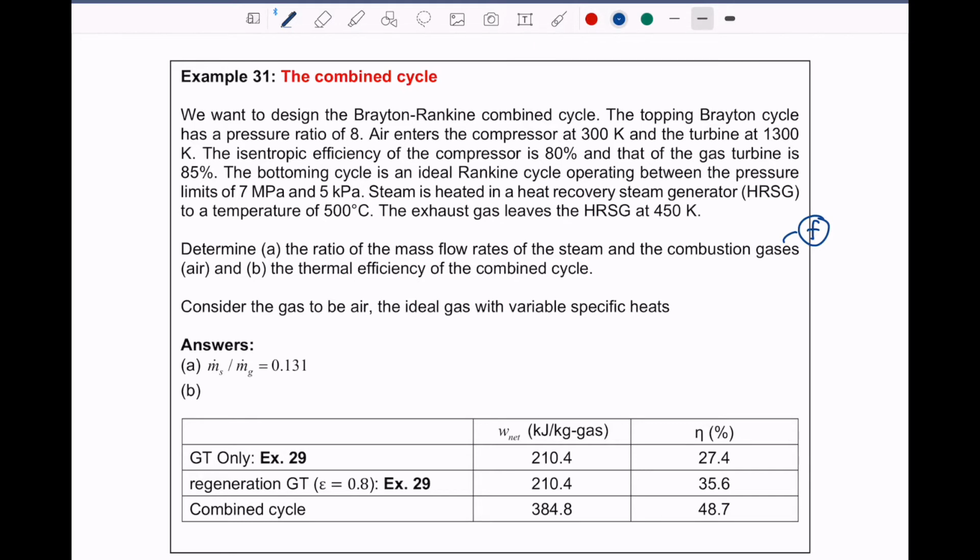Also, in the same example, we also calculated the regeneration case. Now, we assume that we use the same gas turbine, but we combine that gas turbine with a steam power plant in the combined cycle concept, and see how much we can improve the overall performance. So that is our question.